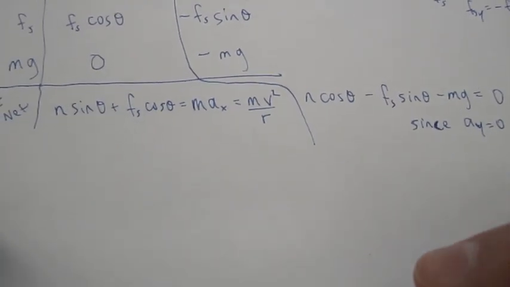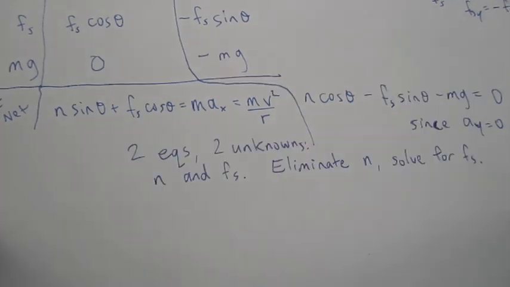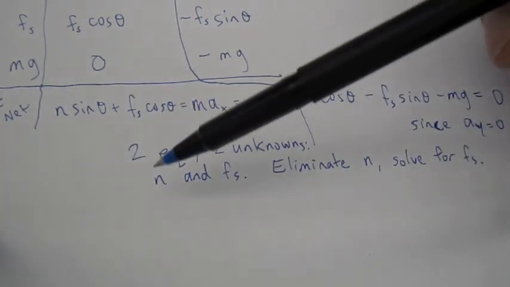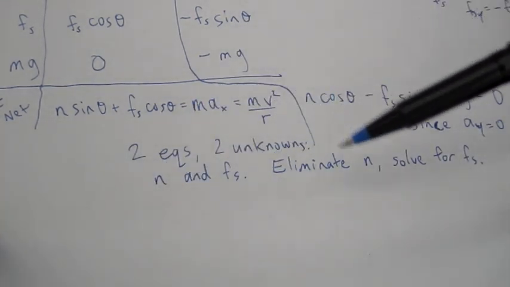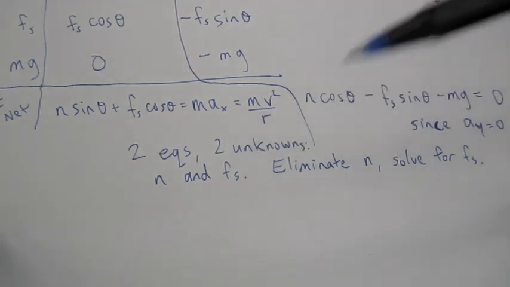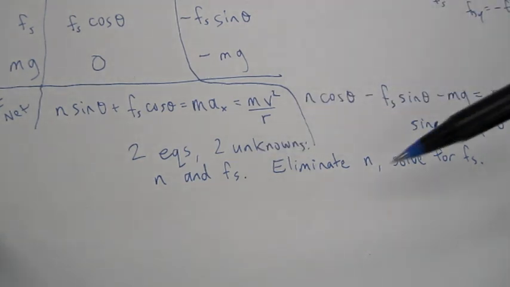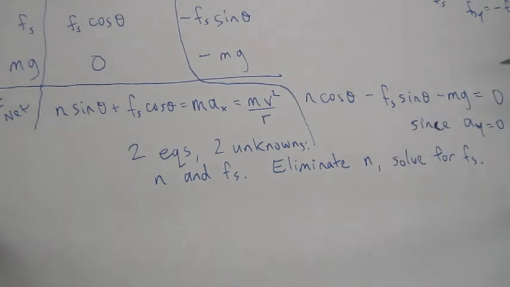Okay. So now we have two equations and two unknowns. The unknowns are normal force and f sub s. We need f sub s, that's what it's asking for actually. What is the magnitude of the force of static friction? So we're going to eliminate n and solve for f sub s.